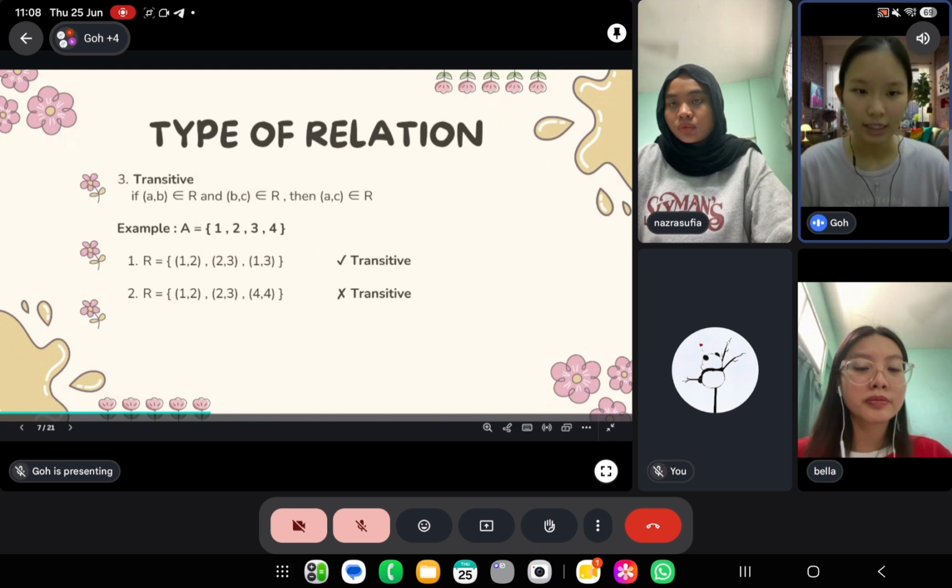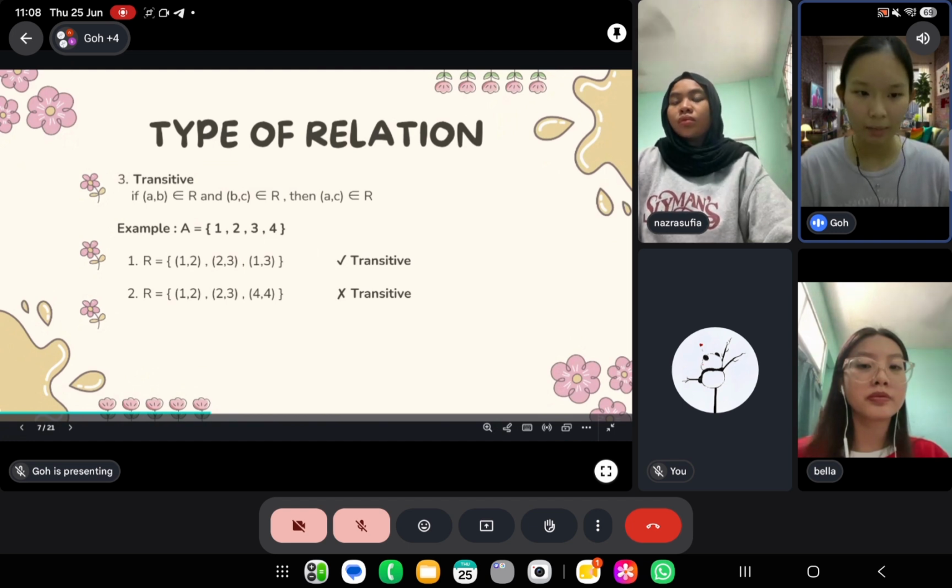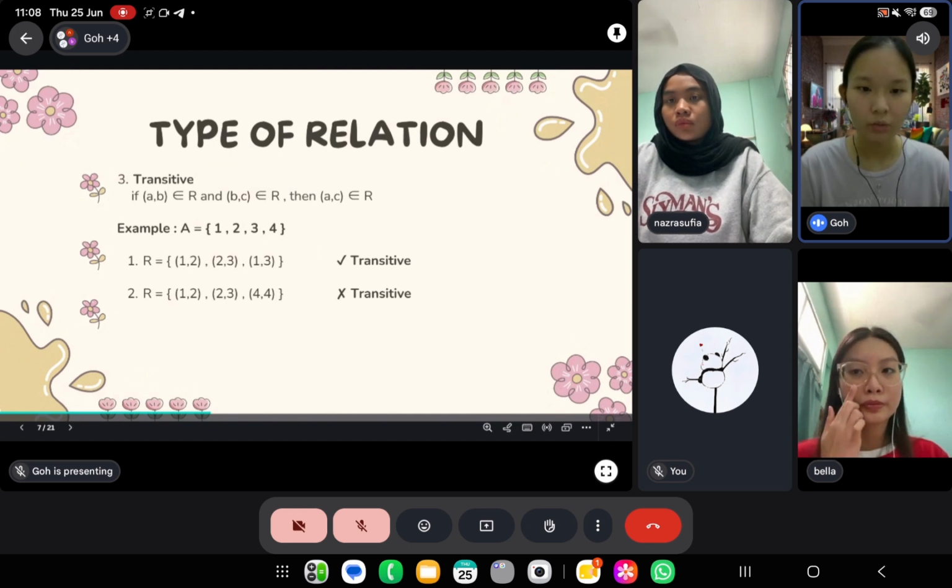The third one is transitive. If (a, b) is in R and (b, c) is in R, then (a, c) is in R. So we look at the example. A has elements 1, 2, 3, 4. The first question, R equals {(1,2), (2,3), (1,3)}.